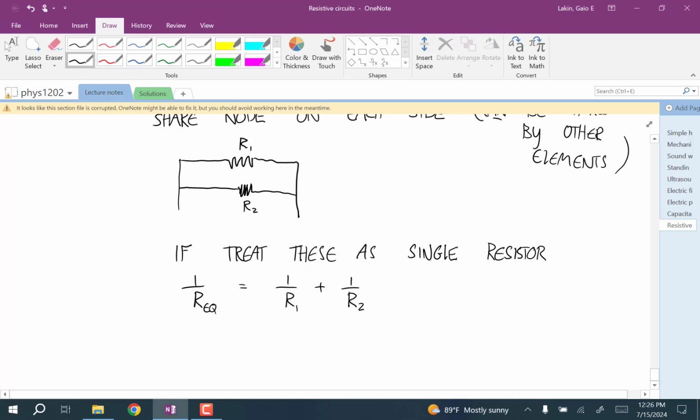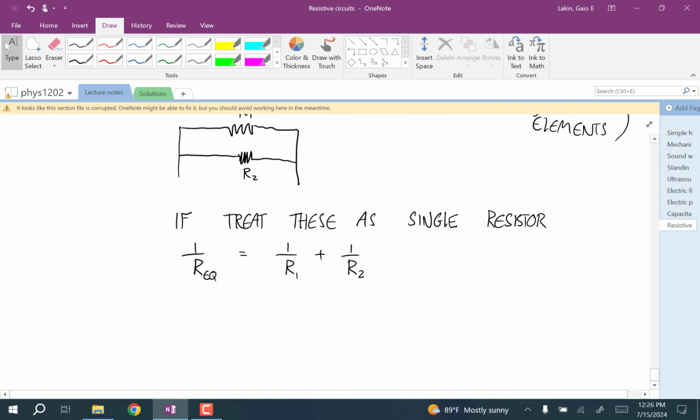That's the easiest way to remember it. Mathematically, you'd have to get common denominators, and it comes out to that the equivalent resistance is equal to, sorry, I did my denominators wrong, R1 times R2 divided by the sum of R1 and R2.